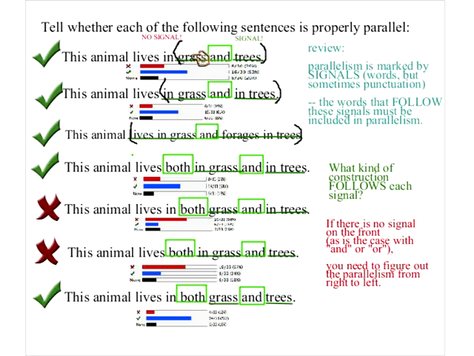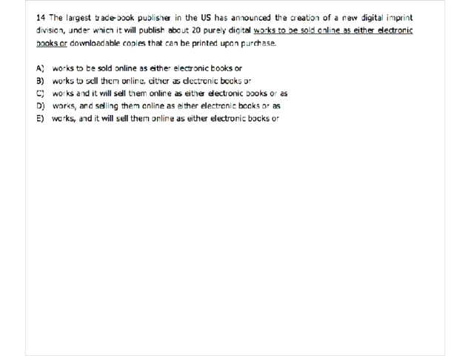Okay, good. Let's show you a problem. Here's the problem. Again, please use the buttons that are on your screen. This time there are A through E buttons on the top.